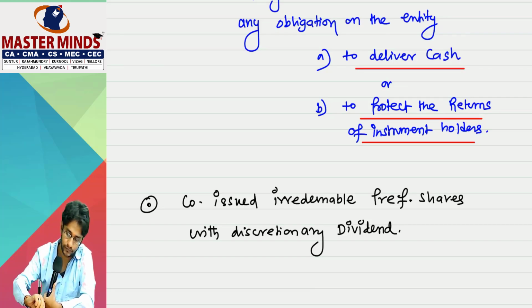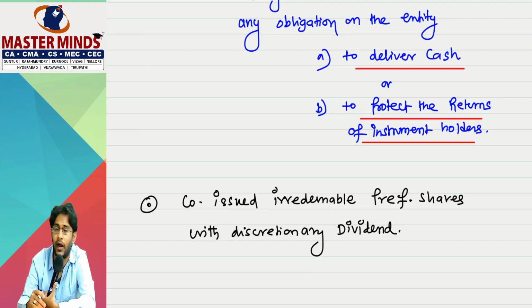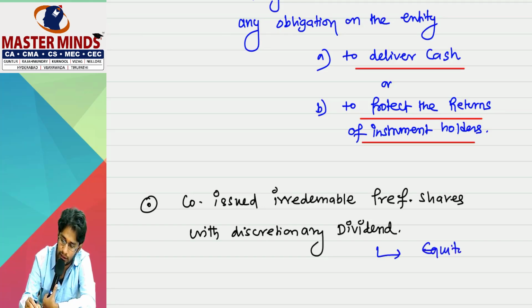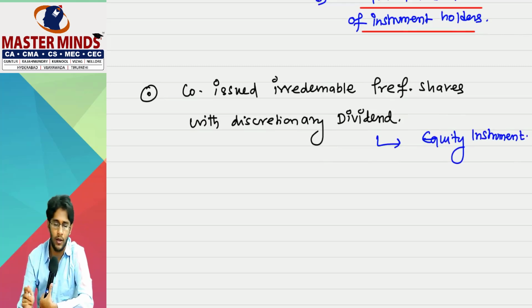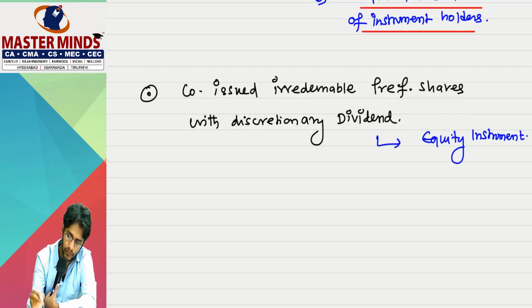So the company issued irredeemable preference shares with a discretionary dividend. I don't have an obligation for the principal. I don't have an obligation for returns also. Purely classic equity instrument. Pure equity instrument. There is no doubt on that.